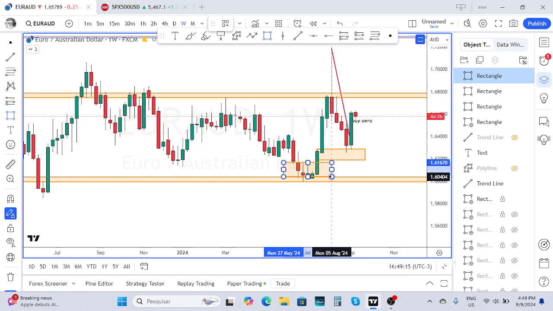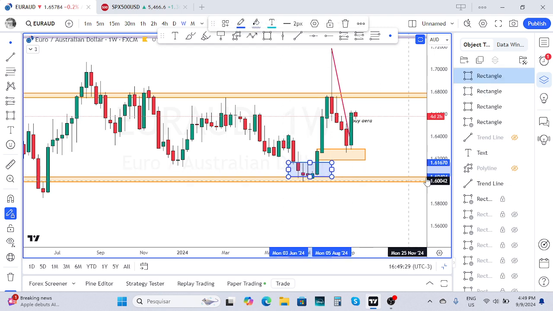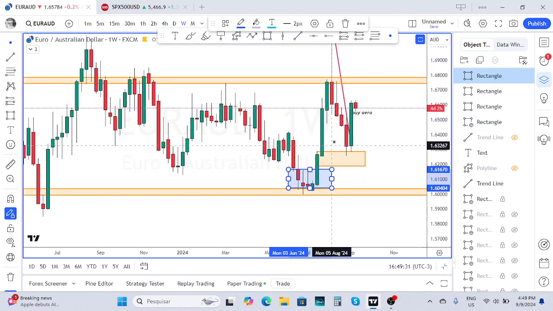So the breakout of this box here, this structure down here, the market came in to test this candle, that breakout. From here it came in to test it.